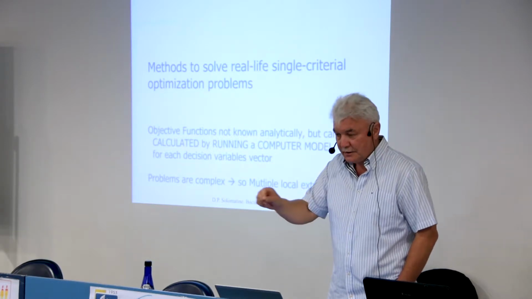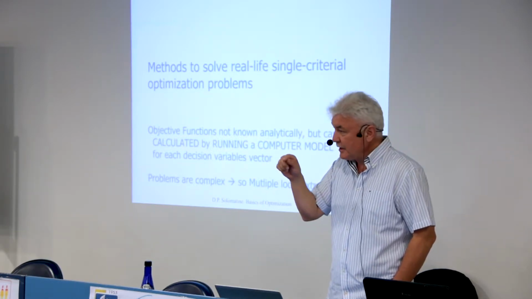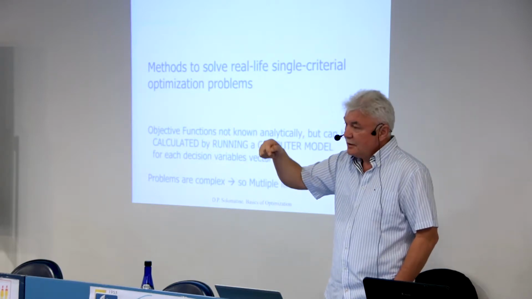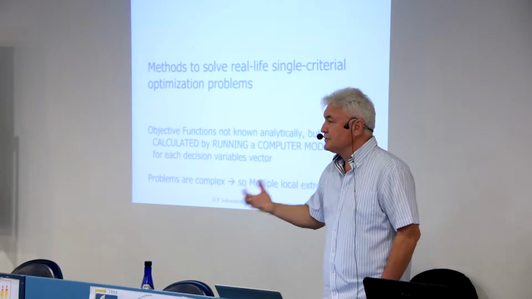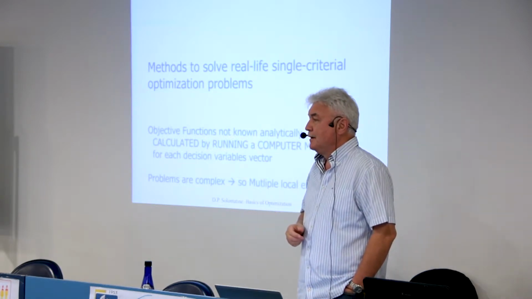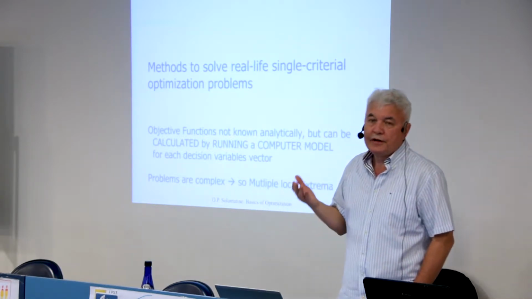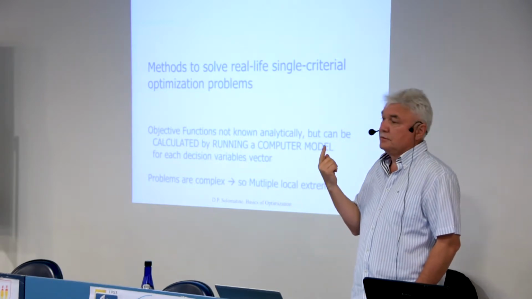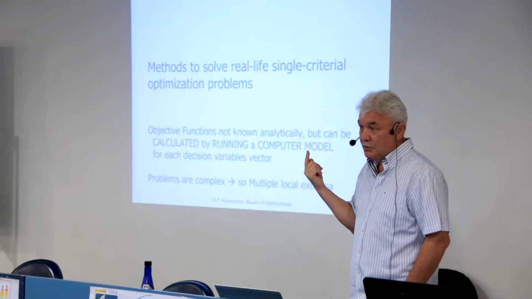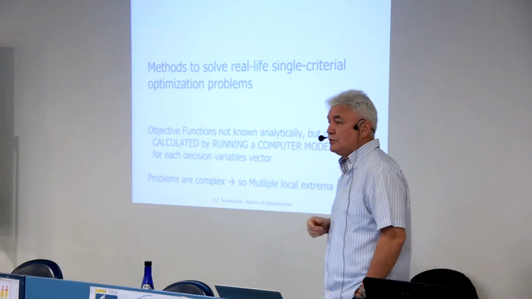You cannot write it analytically because there would be some variable which is given to you from some models, or maybe many variables, or the whole thing is the result of a model run. If it's the result of a model run, how do we find the derivative of a function that is calculated at one point only? You cannot. You can assess it, yes, but analytically you cannot do it.